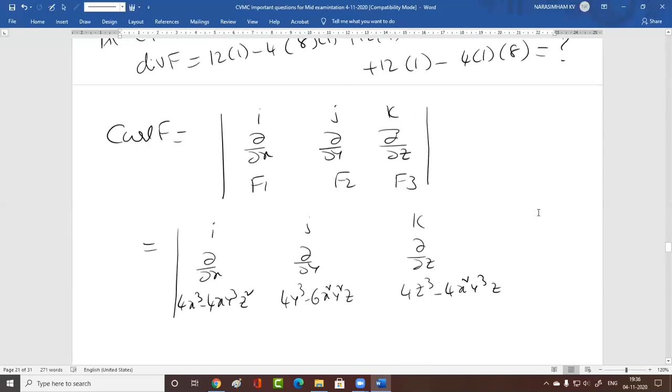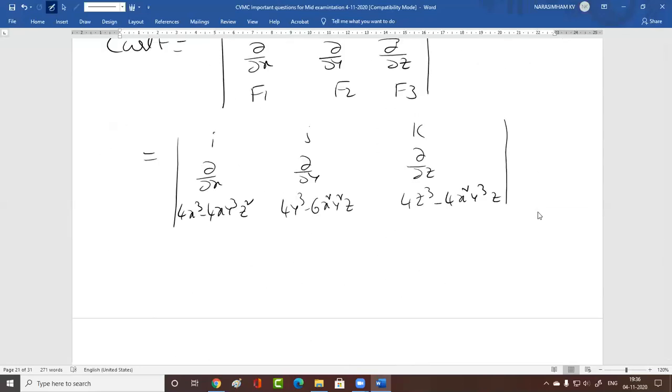Now find the determinant. The determinant is also very easy. i into dou by dou y of this term. So now find the partial derivative with respect to y. So this is 0. Directly you will get minus 12x square y square z, minus the partial derivative with respect to z, plus 6x square y square.